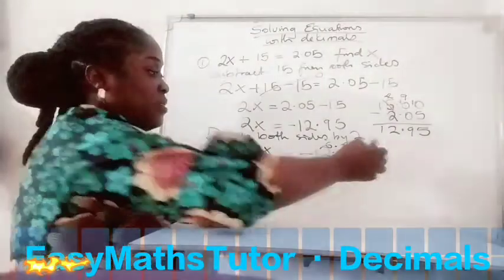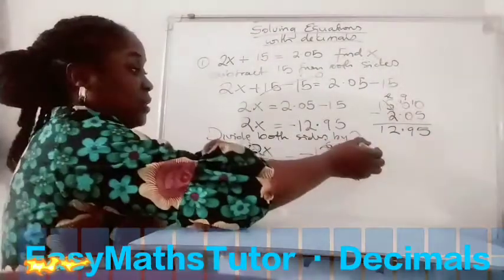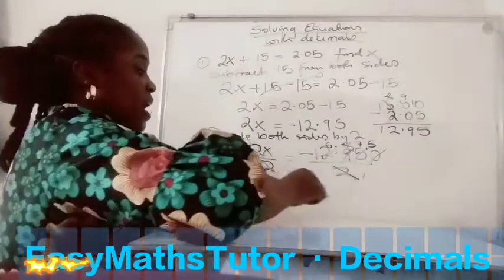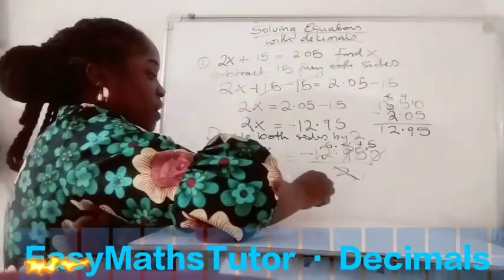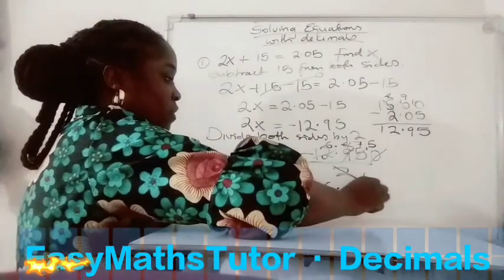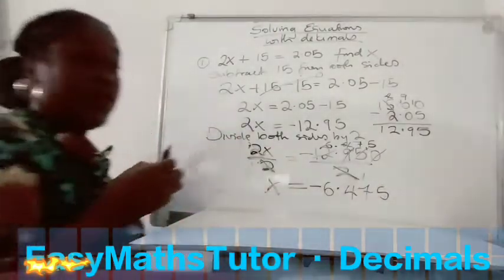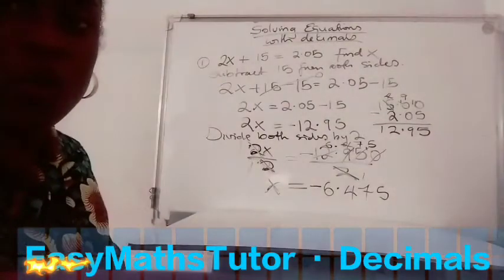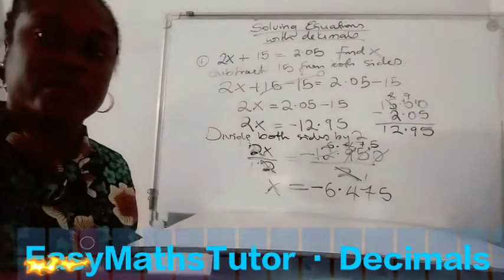Remember, there's an imaginary 0 here, so that is 10. So if 2 goes into 10, we have 5. So the answer for x is minus 6.475.